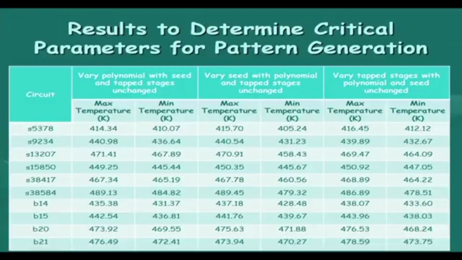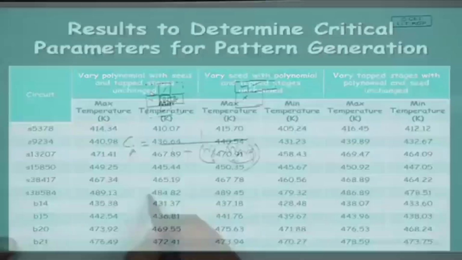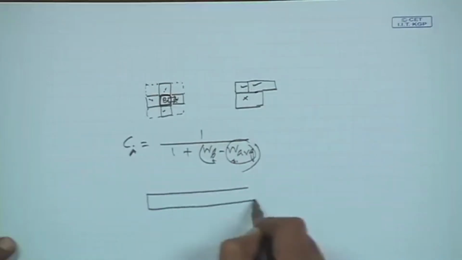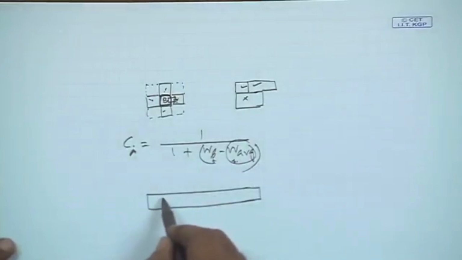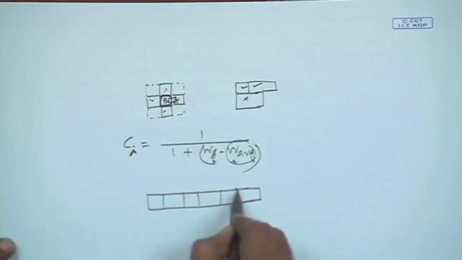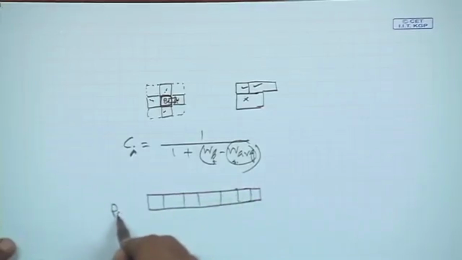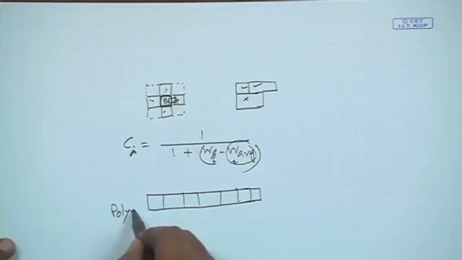In the initial experimentation that has been done, we vary the polynomial, with the seed and tapped stages unchanged. If you have an LFSR, there are various issues. If this is the LFSR, then the first thing is the polynomial: what is the polynomial that we are using for feeding back to the first cell?